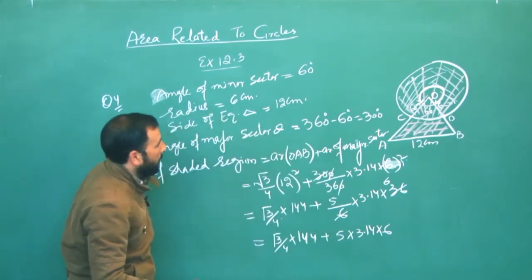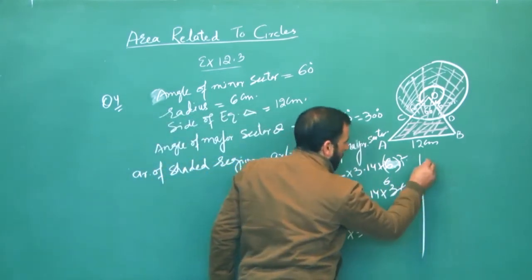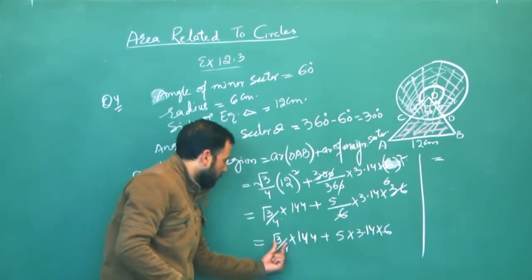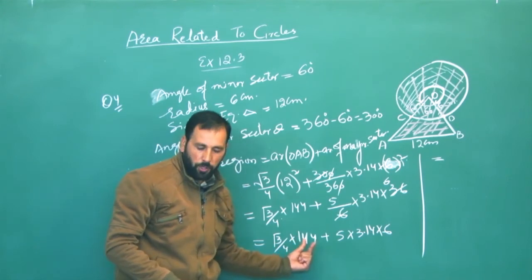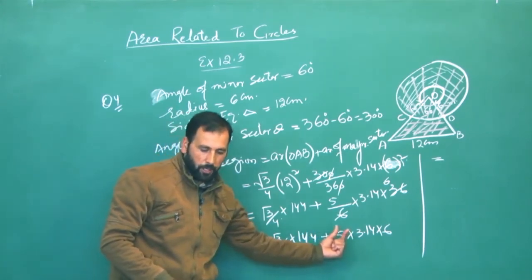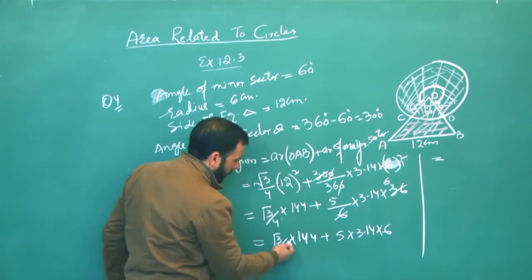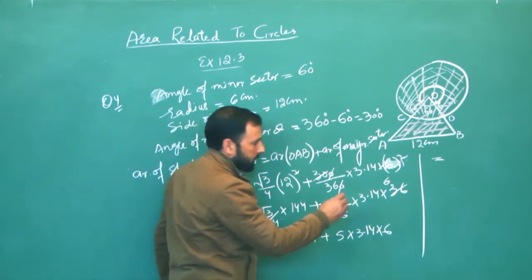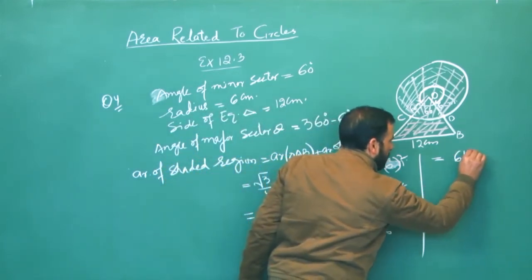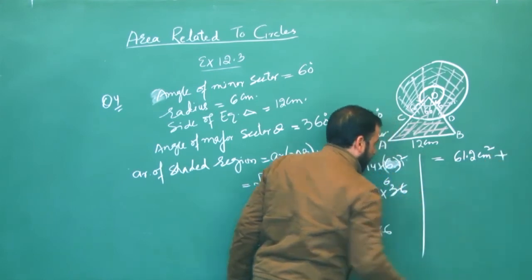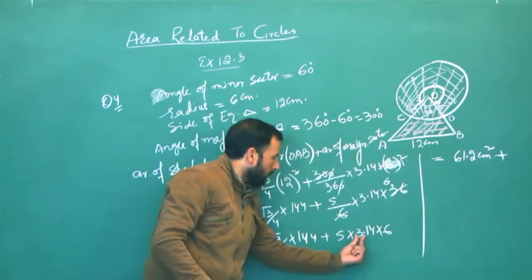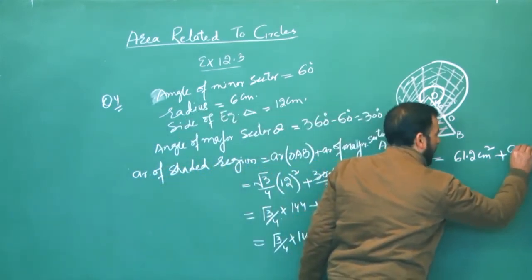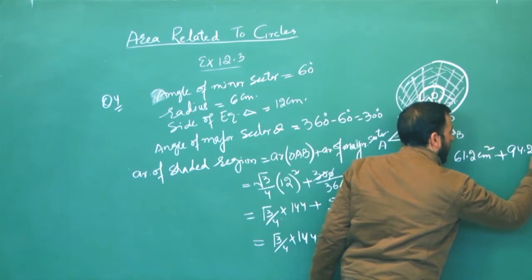So after calculating, we get the value here. It implies the area of the shaded region is equal to square root 3 by 4 into 144. After calculating, the area of the equilateral triangle is 61.2 centimeter square, plus the area 5 into 3.14 into 6, which after calculating you get 94.2 square centimeter.